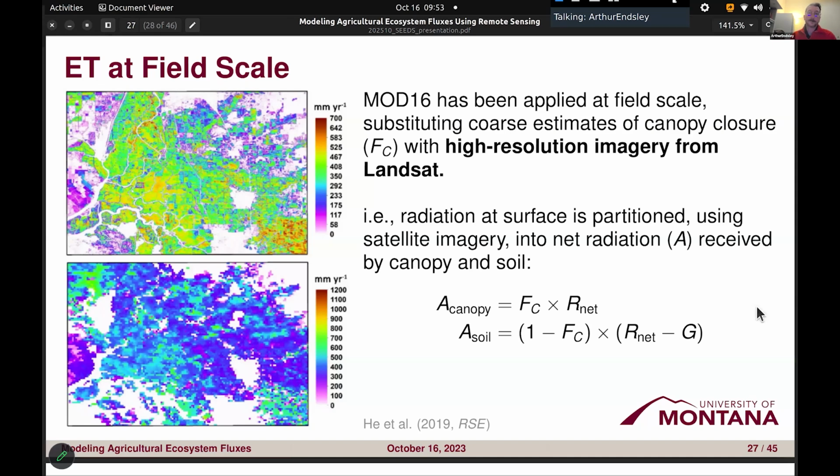That's derived from the operational MODIS satellite product, but you can also derive that measure of canopy closure from higher resolution platforms like Landsat. In fact, that's what one of my colleagues did in 2019, and was able to use this robust model to estimate evapotranspiration at finer resolution.